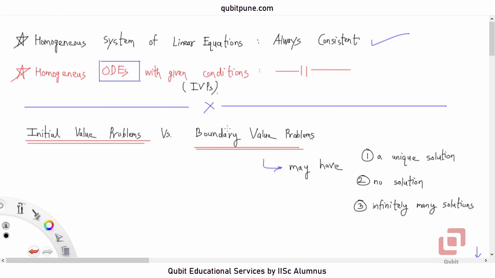Okay, because now we are going to see that you can have some boundary value problems, second order differential equations, which may have a unique solution, no solution, or infinitely many solutions. And don't be under the impression that these are general solutions. What I mean here is only particular solutions.